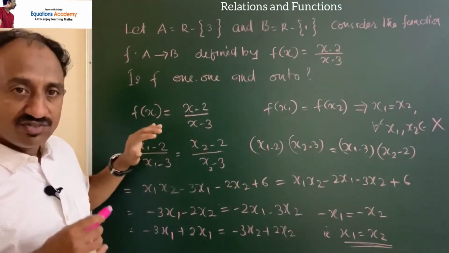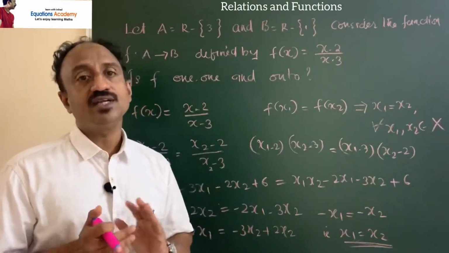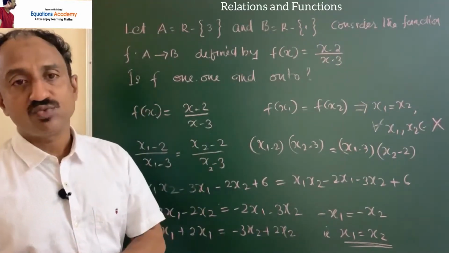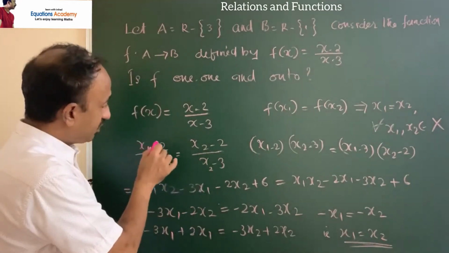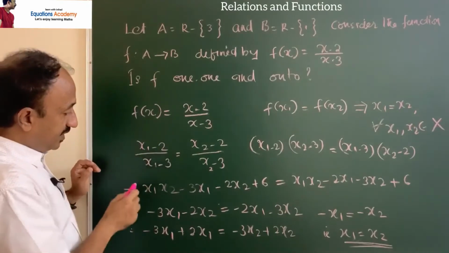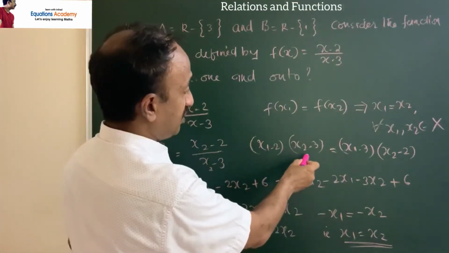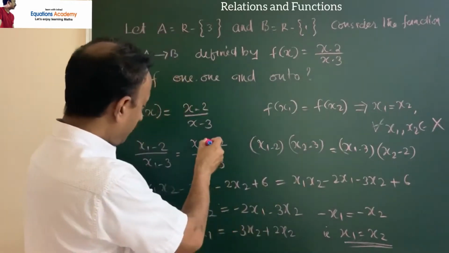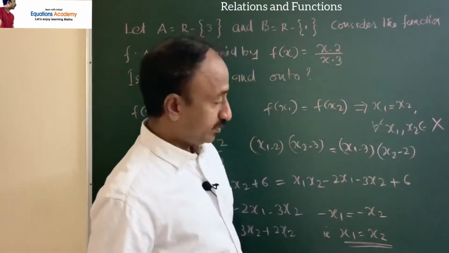From this we will prove that x1 equal to x2. If x1 equal to x2, then the given function is one-one. So just cross multiply this: (x1 minus 2) into (x2 minus 3) is equal to, cross multiply, (x1 minus 3) into (x2 minus 2).